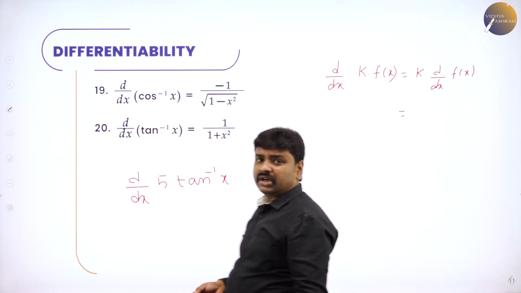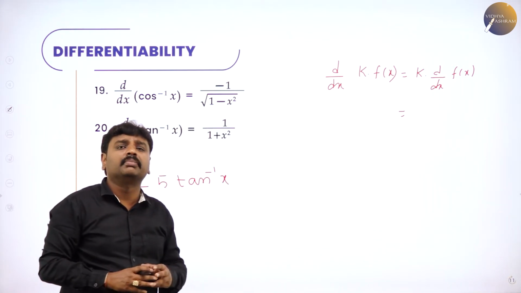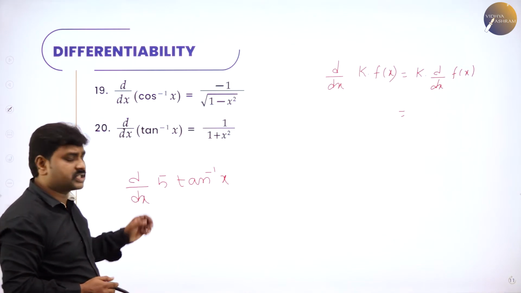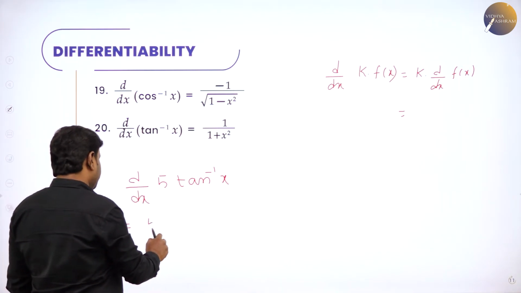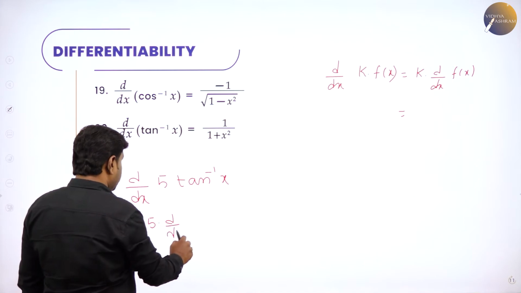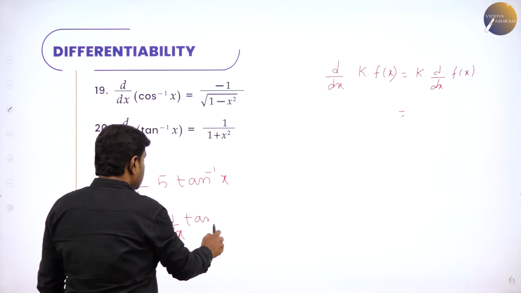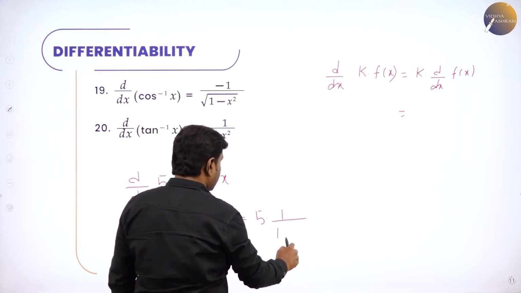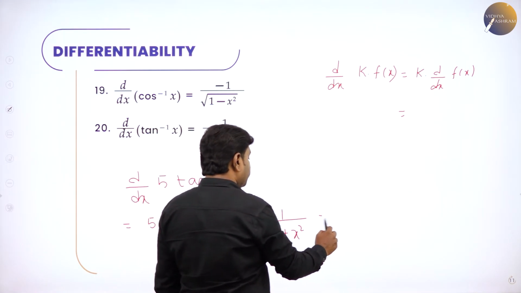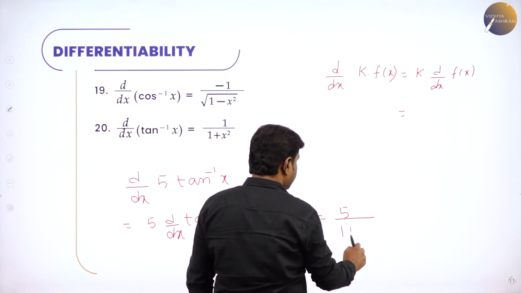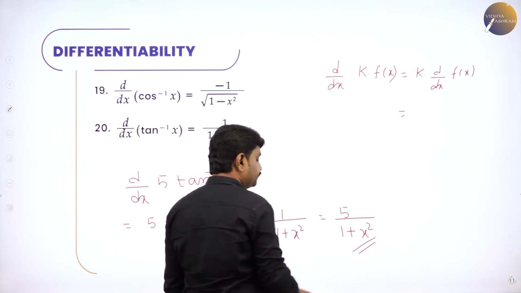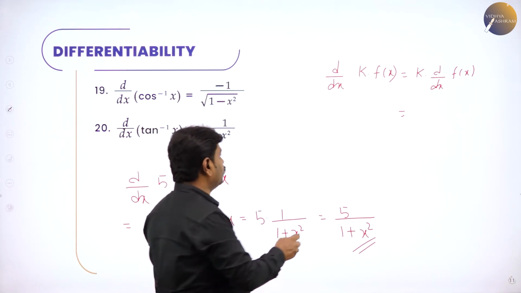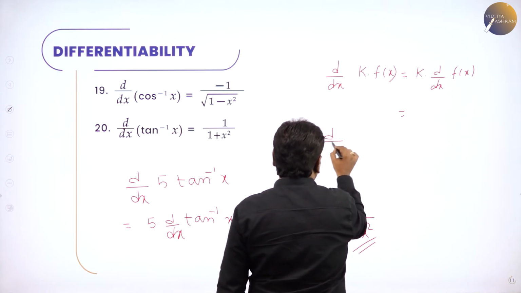So 5 is a constant; take 5 out and apply d by dx to tan inverse x. The derivative of tan inverse x is 1 by 1 plus x square. So that becomes 5 divided by 1 plus x square. This is the answer.